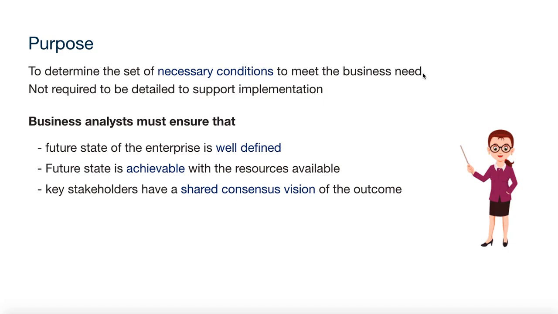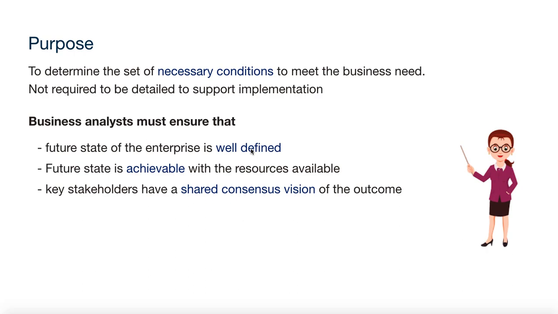It's not required that you put down this future state in detail and in a way that it needs to support any implementation or development, but it does need a certain amount of information so that it can enable the entire team to make the right decisions. So, as a business analyst, you need to ensure that the future state of the enterprise is well defined.